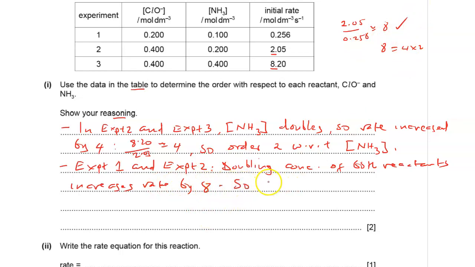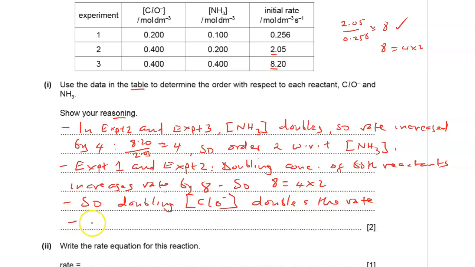So you can say 8 is equal to 4 times 2. So doubling the concentration of chlorite ion doubles the rate of reaction. So this means the concentration of chlorite ion is of first order. Very well.